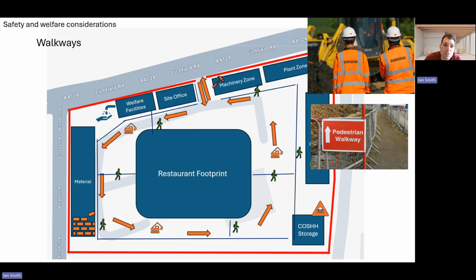The key reasons for this are to allow for multiple routes for emergency exits in case of emergency, but also to allow people to move freely on the site, but in controlled crossing areas. Pedestrian crossing will not be permitted outside of these crossing points. These walkways will be clearly marked, and where possible will be segregated from plant routes using barriers or fencing. Adequate lighting will also be provided, particularly in early mornings or evenings, to increase visibility.